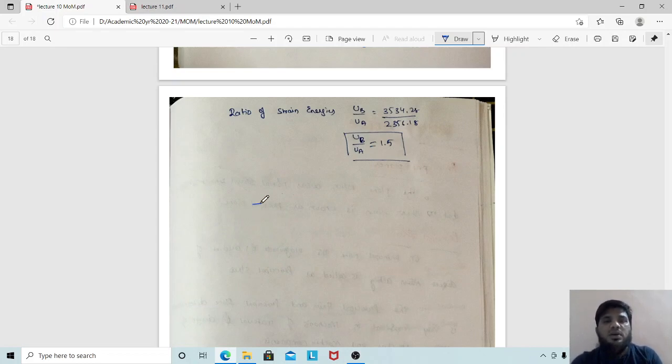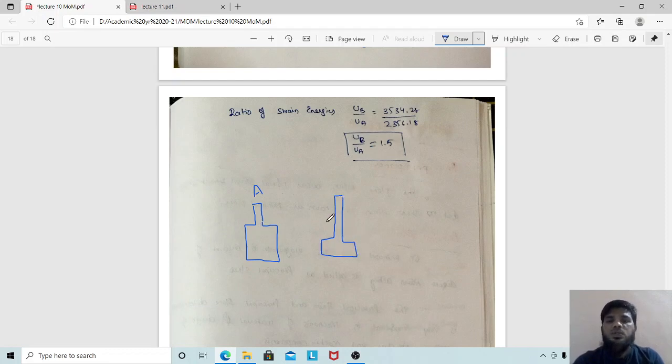If you see the two sections, the initial section has a small thickness, whereas this length is bigger. This is my A section, but in B section they have made the small length bigger and this huge diameter they have made smaller.